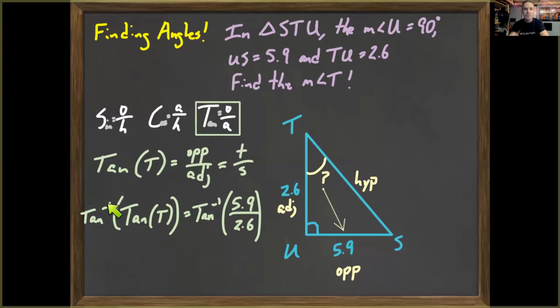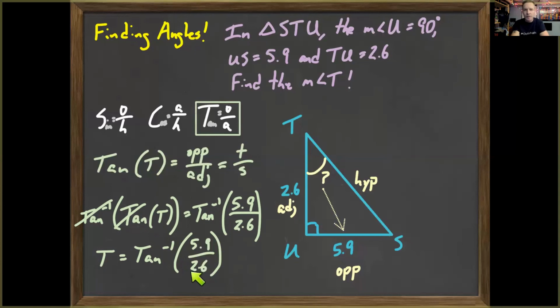It's the exact same thing, only we won't really call them exponents here. This is just the inverse operation of tangent. So I'm going to take the inverse tangent of both sides. So it's inverse tangent of 5.9 over 2.6 equals t. Why? Well, these two things cancel out. So I'm just left with t equals the inverse tangent of 5.9 divided by 2.6.